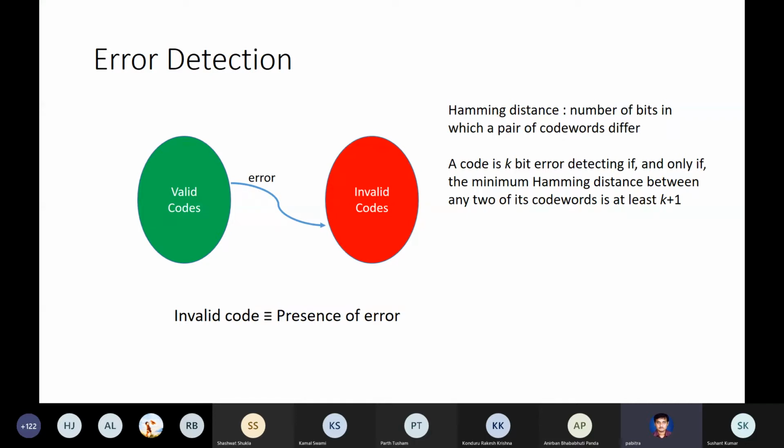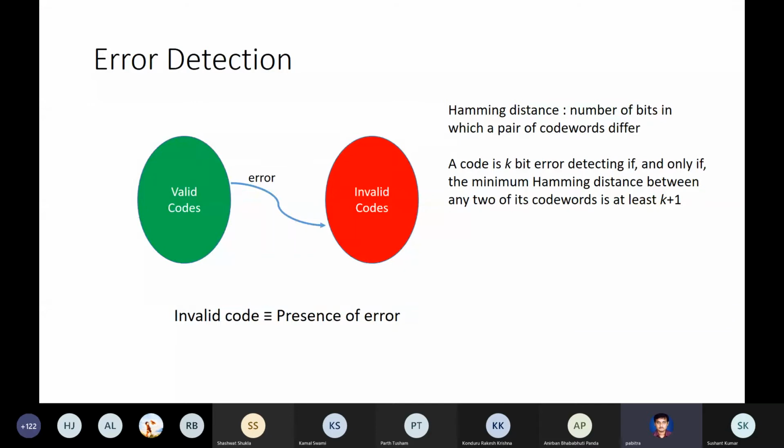Now, by virtue of this way of error detection, one thing becomes obvious about some property of the valid codes. This is usually stated in terms of something called the Hamming distance. I have already discussed in the previous class that the Hamming distance between a pair of code words is nothing but the count, the number of bits in which these two code words differ.